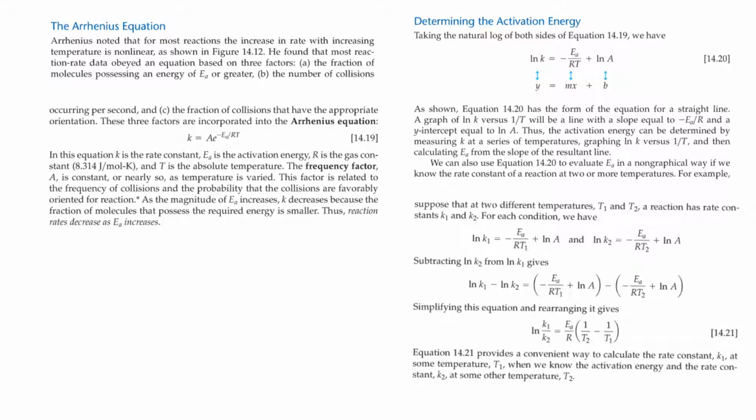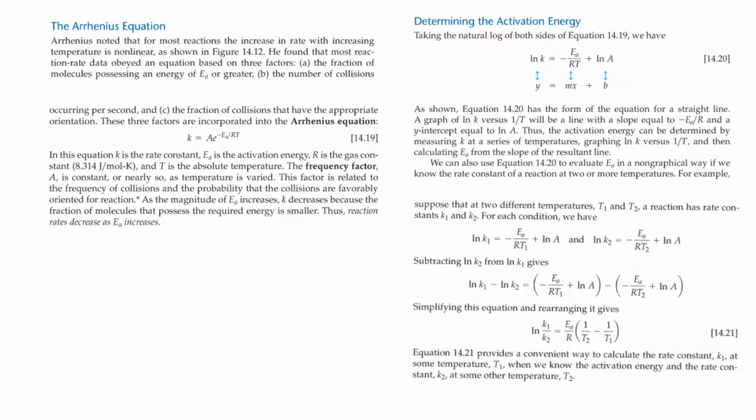These three factors are incorporated in the Arrhenius equation. k equals A e to the negative activation energy divided by RT. In this equation, k is the rate constant, Ea is the activation energy, R is the gas constant of 8.314 joules per mole Kelvin, and T is the absolute temperature. The frequency factor, A, is constant, or nearly so, as the temperature is varied.